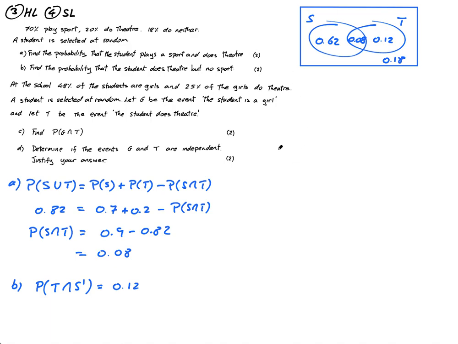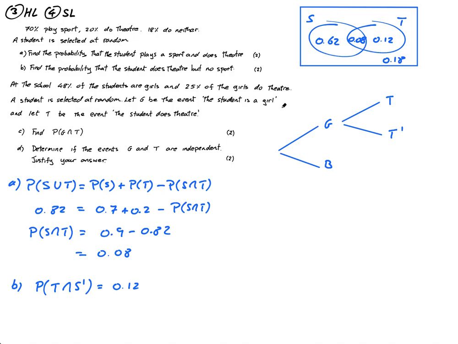We're going to have the probability that it's a girl, boy. If it's a girl, theatre, not theatre. Now I don't know if I even need to fill that out yet. So let's just stick with this.